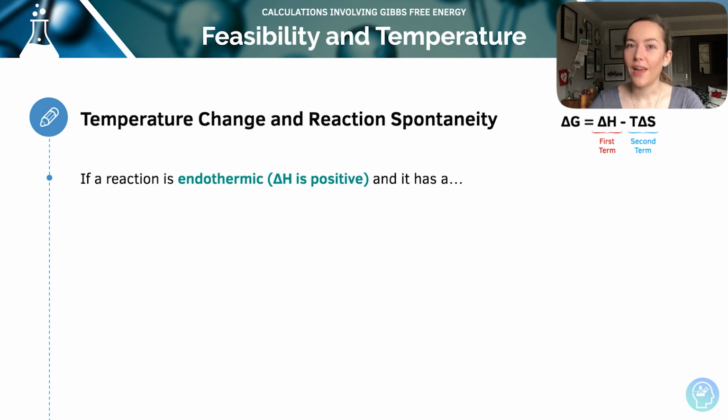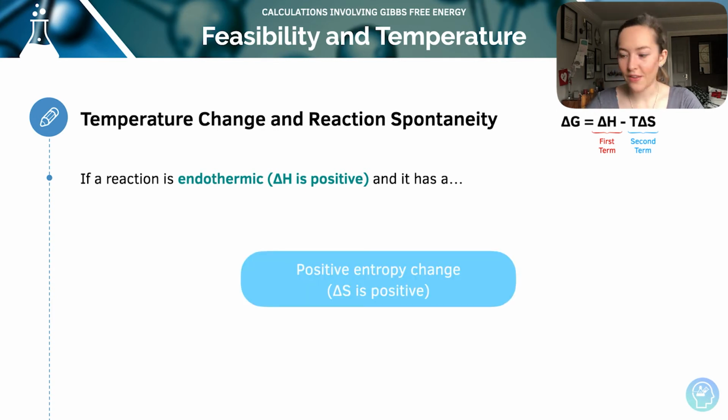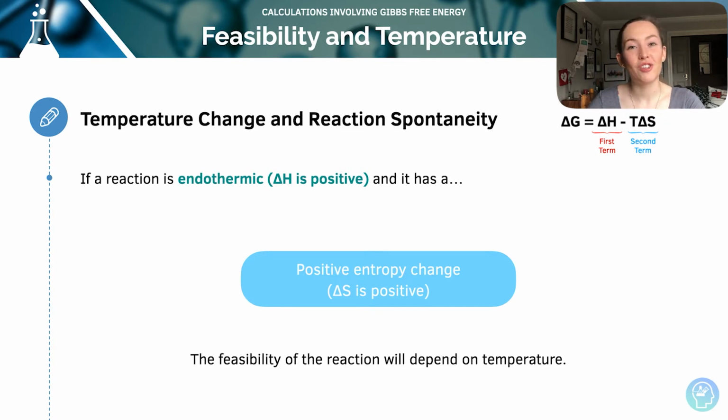If a reaction is endothermic, so we have a positive first value and a positive entropy change, so a positive value minus another value, then the feasibility of the reaction depends on the temperature, because it depends on the magnitude of that second term subtracted from the positive term.